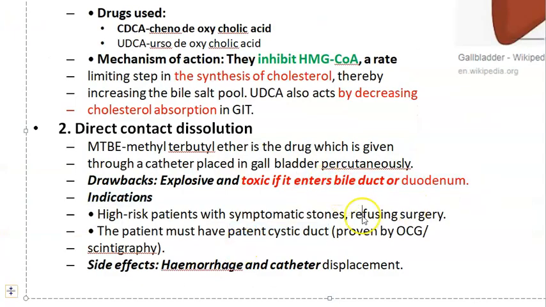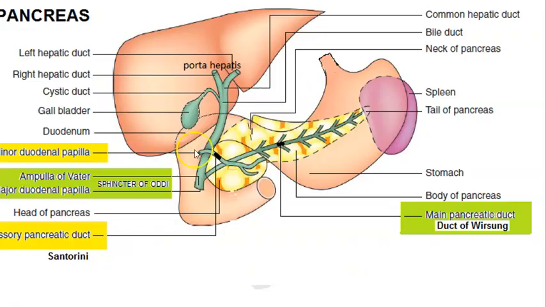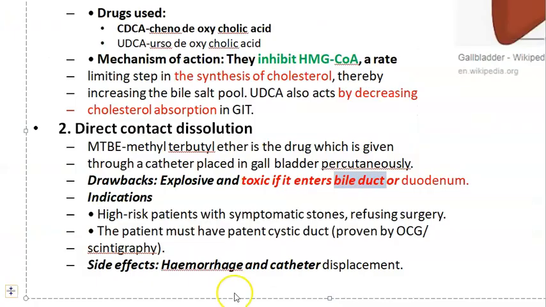What is the bile duct and what is the cystic duct? Are both the same? No, they are not. The bile duct comes after the cystic duct. The cystic duct is joining the bile duct. So if it enters the bile duct, it is dangerous, and if it enters the duodenum, it is toxic. So where will you put it?